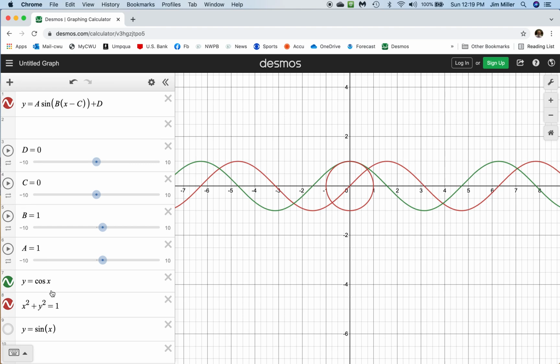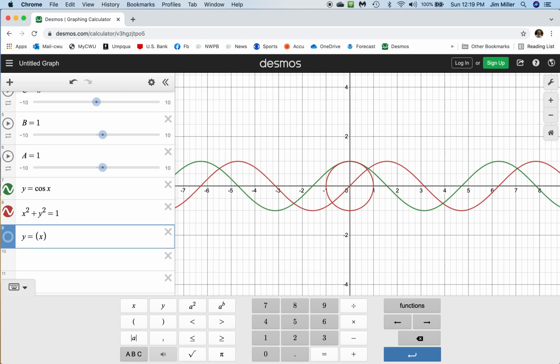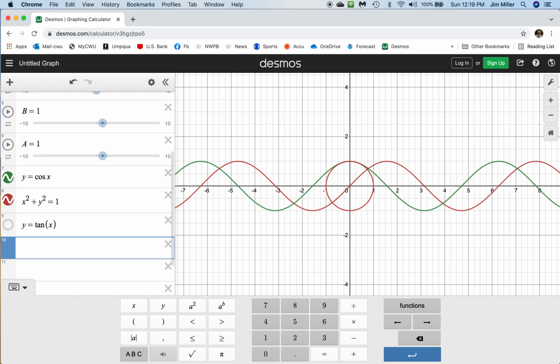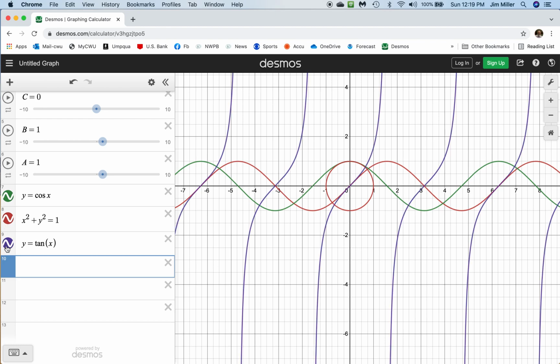So if I graph the tangent, let's see what color that is. Purple. There's the tangent curves. Anytime the cosine is 0 on the green curve here, you notice the tangent disappears.